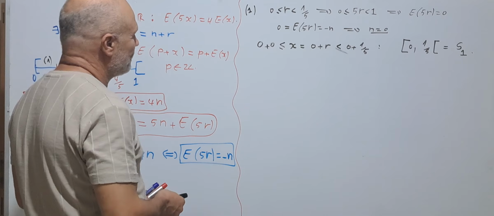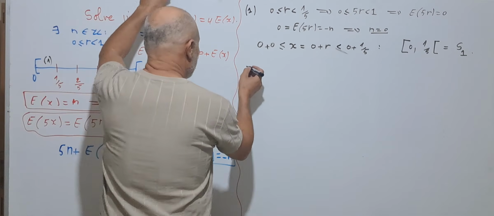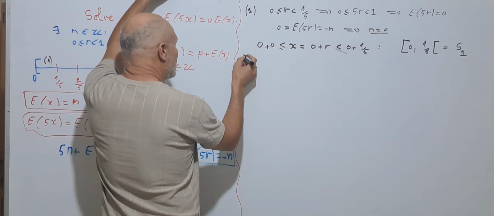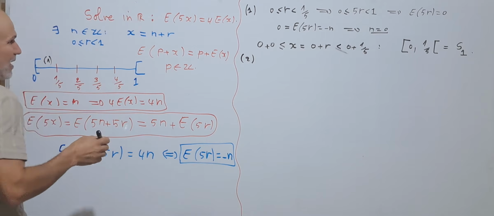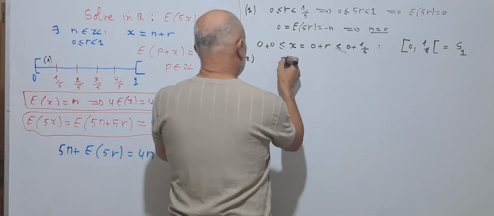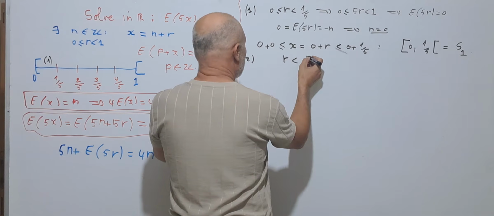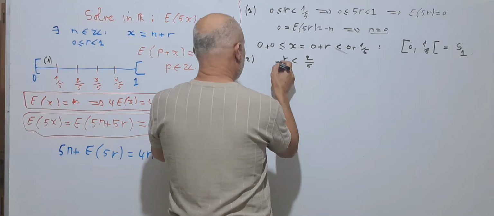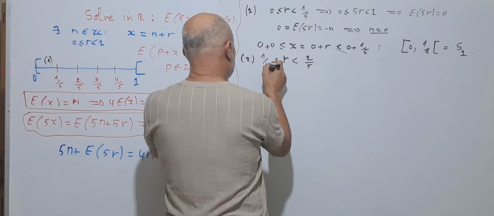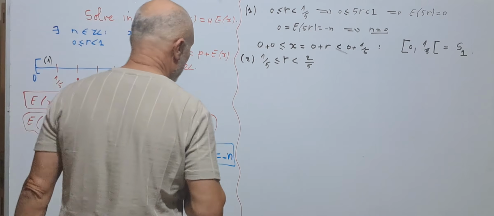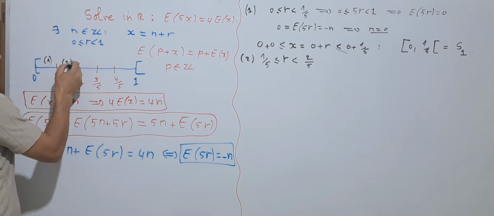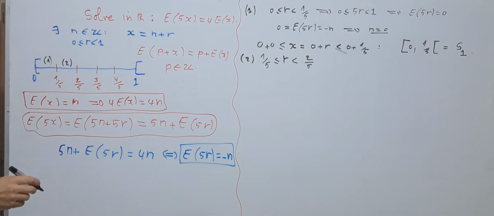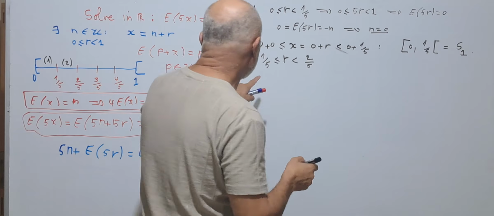The second case, we suppose that r is less than 2 over 5 and greater than or equal to 1 over 5. This means that r belongs to this sub-interval.